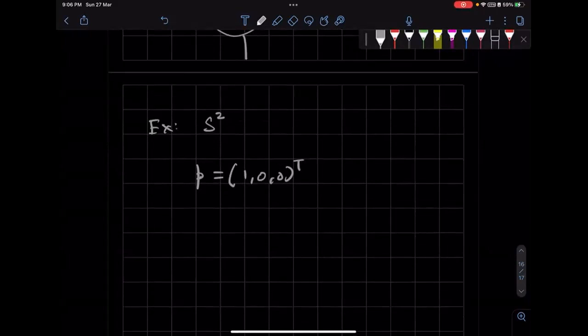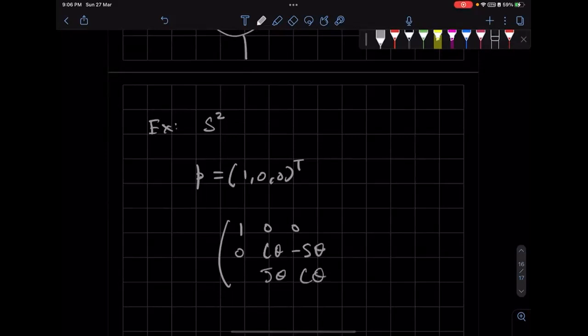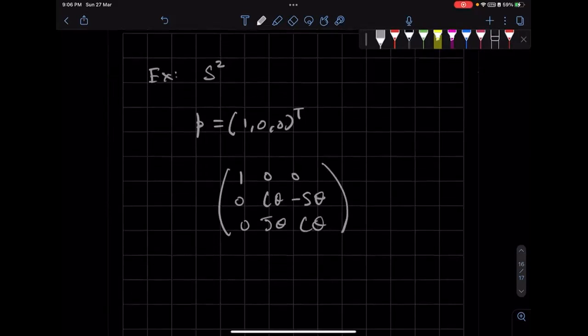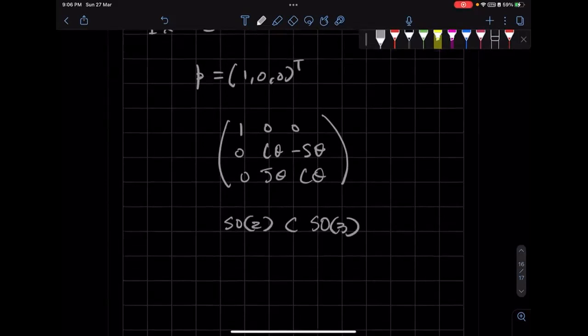Then if I look at all the SO(2) matrices of this form, cosine theta, minus sine theta, sine theta, cosine theta, these are SO(2), which is a subgroup of SO(3). It's an example of an invariant subgroup.